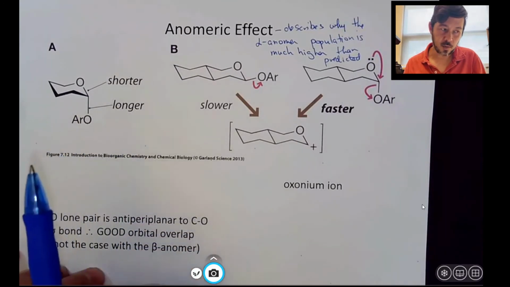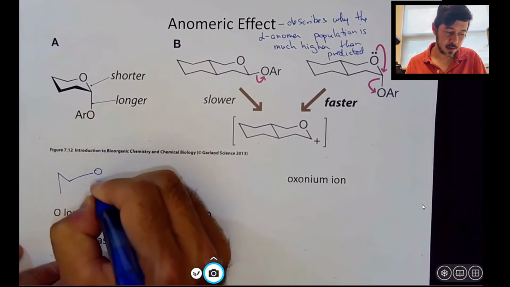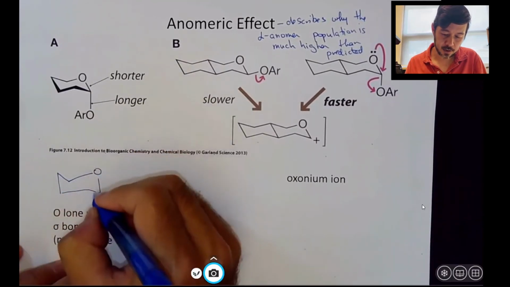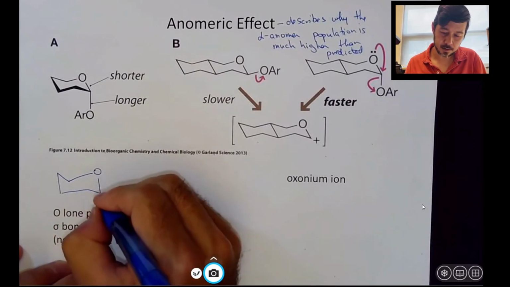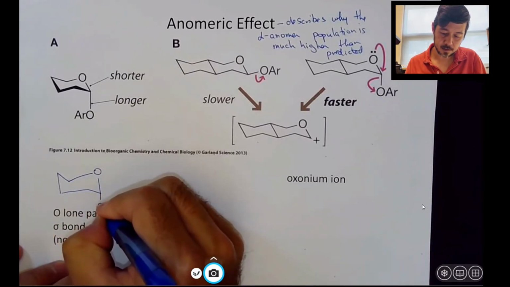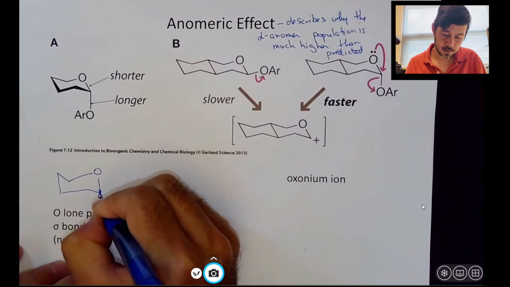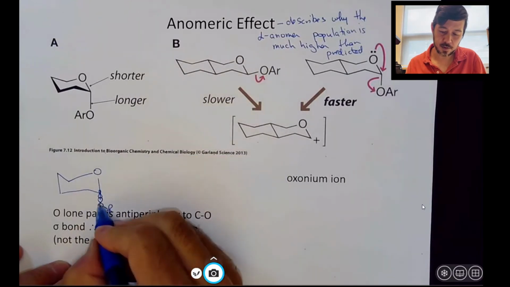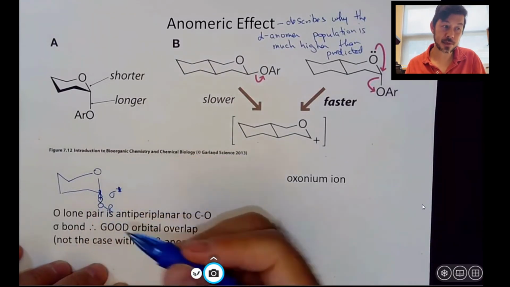A good way to explain this is to actually draw the sigma star orbital, which is actually empty.